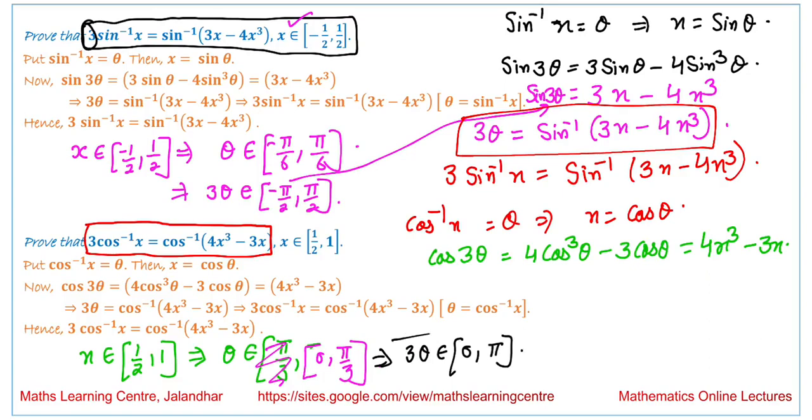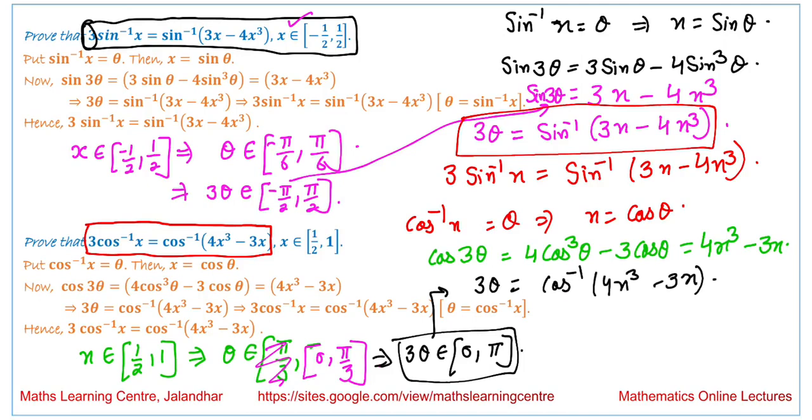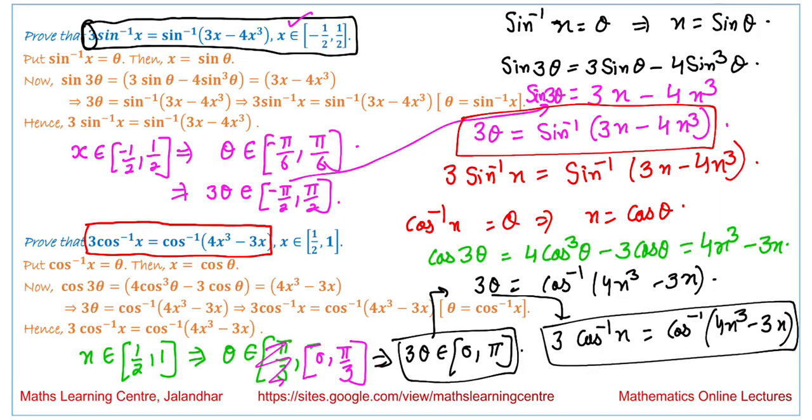So as 3 theta belongs to 0 to pi, we can write 3 theta is equal to cos inverse of 4x cube minus 3x. Now in place of theta, we can write 3 cos inverse of x is equal to cos inverse of 4x cube minus 3x, and this is what we have to prove.